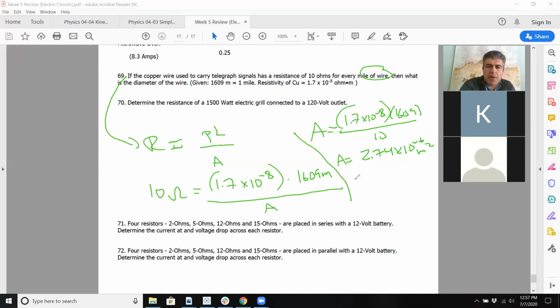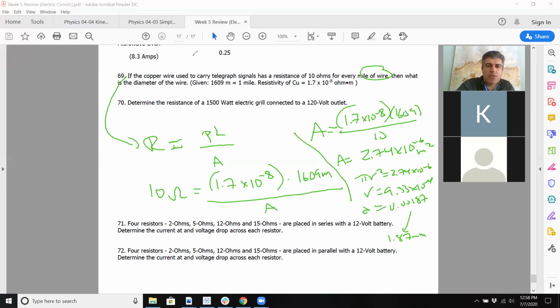So remember, area is pi r squared. So divide that by pi. And then take the square root. So the radius becomes really small. So for diameter, you have to multiply by 2, which actually will be 1.87 millimeters. So a really tiny wire.